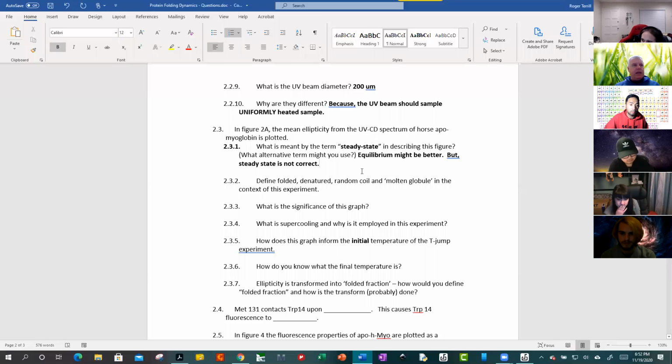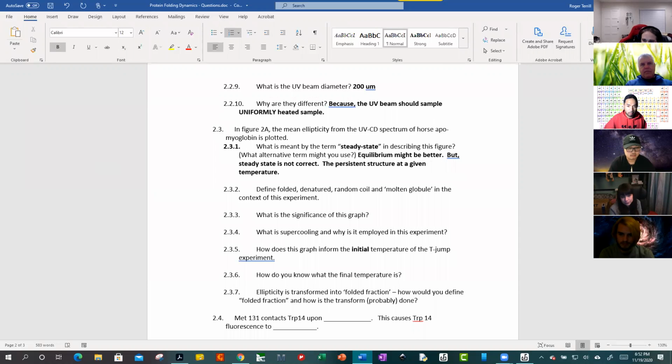It's simply the persistent structure at a given temperature after 200 microseconds or more at temperature.